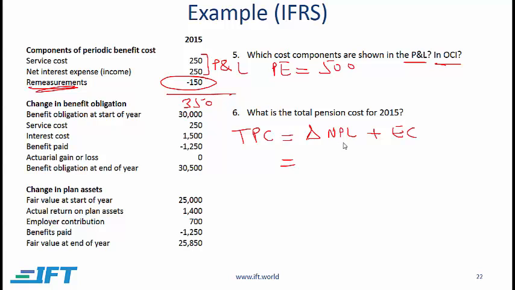The net pension liability at the end of the year is 4,650. The net pension liability at the start of the year was 5,000. And then you add the employer contribution, which is shown over here. That contribution is 700. So add that, and what you will get is 350.